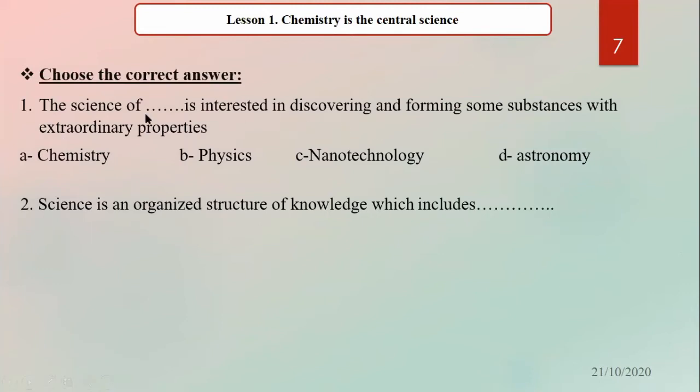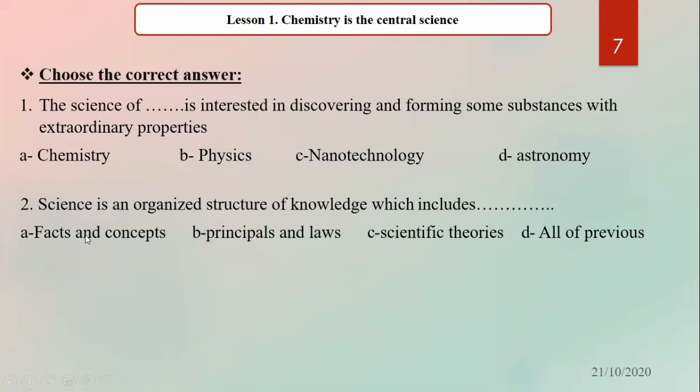Again, the science that is interested in discovering and forming some substances with extraordinary, unique properties. As we said before, it's nanotechnology.